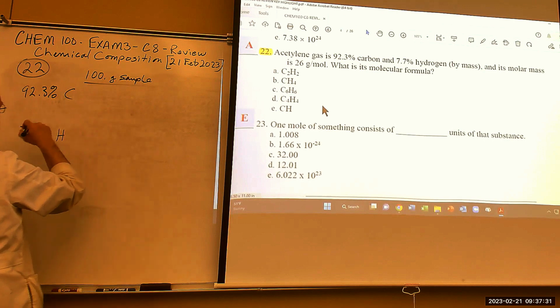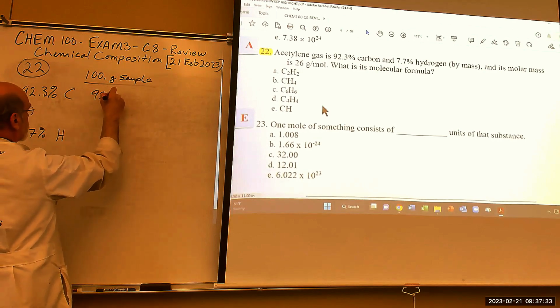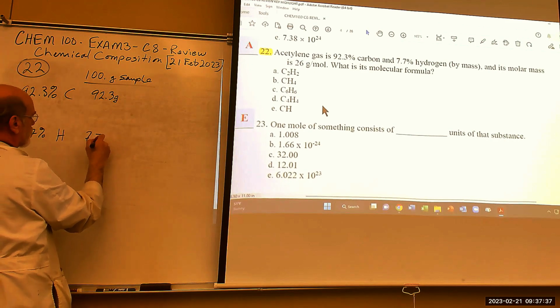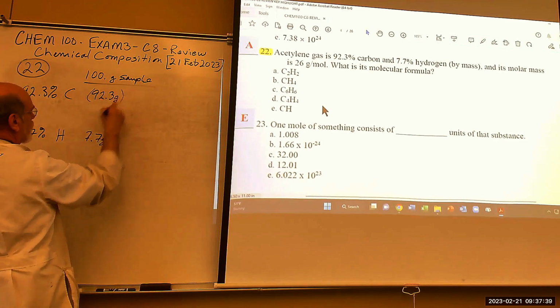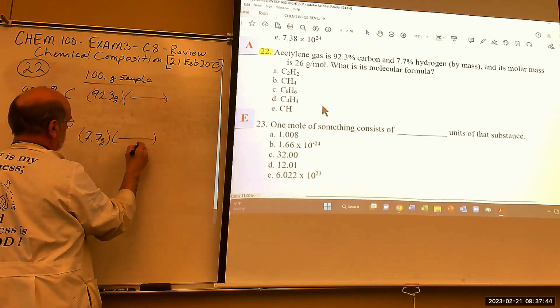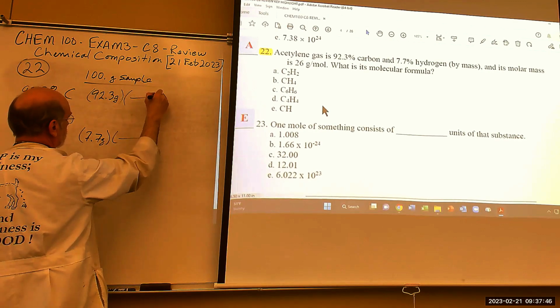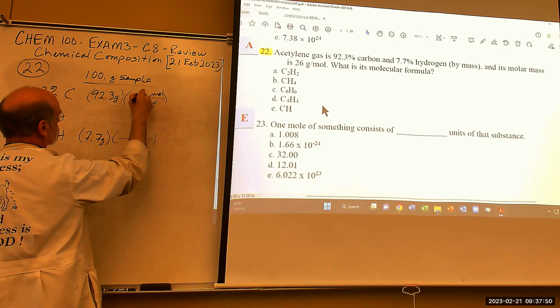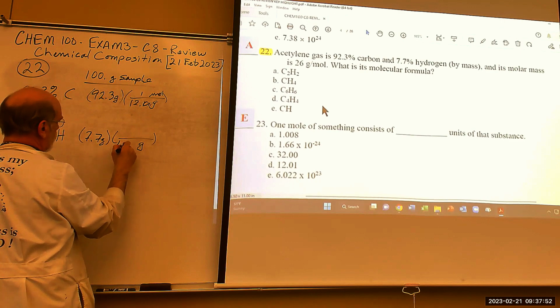Right? 100-gram sample. That means 92.3 grams of carbon and 7.7 grams of hydrogen. Now we can work with it. We can convert these. Let's see, carbon is 12.01 and hydrogen is 1.01.